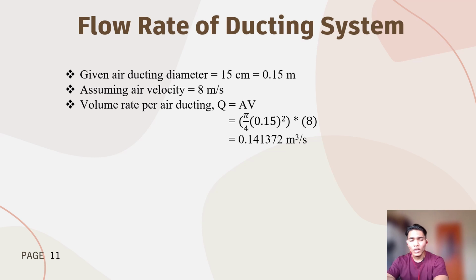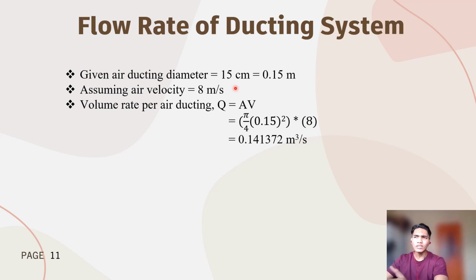So now that we have determined the occupant density, we then need to determine the flow rate of ducting system. So for one air ducting, we are given diameter of 15 centimeter or equal to 0.15 meter. So we are assuming the air velocity to be the maximum, which is the 8 meter per second.